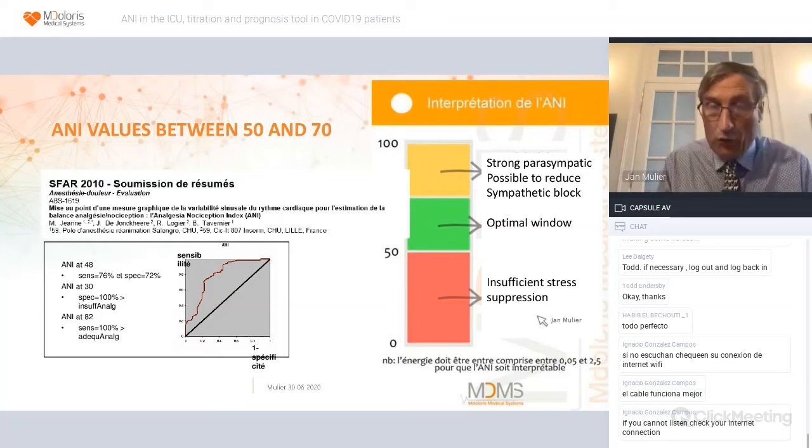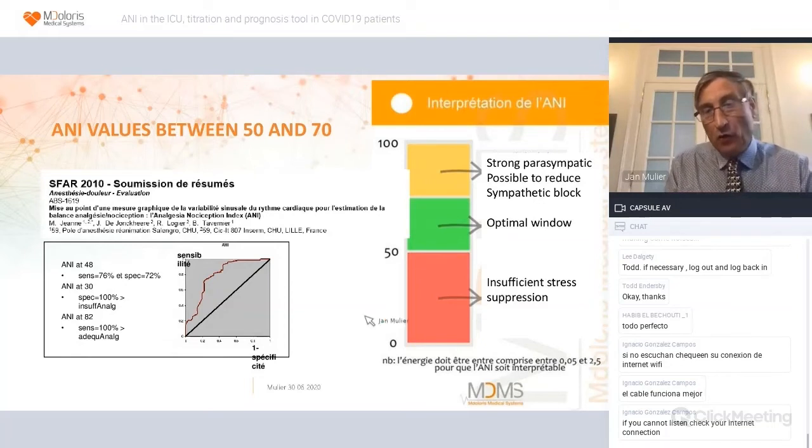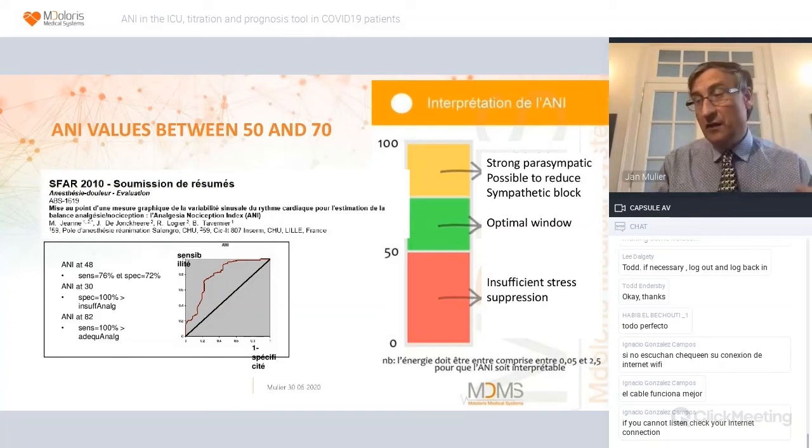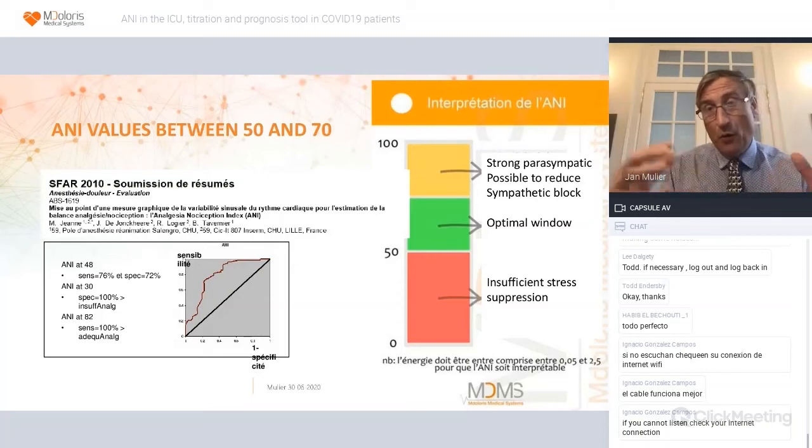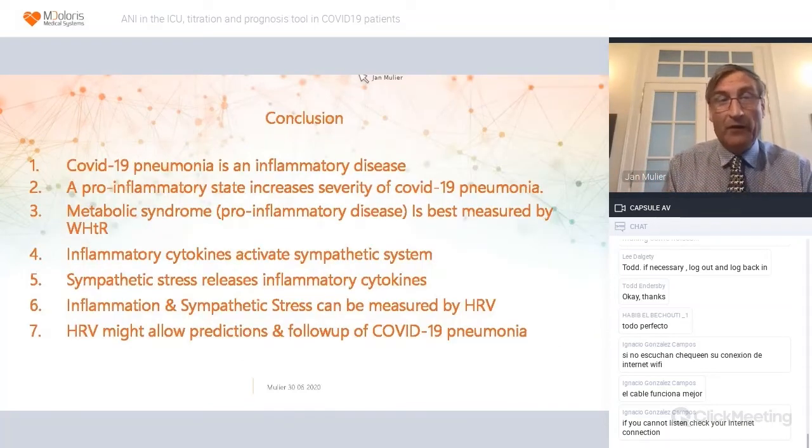You can look at both signals independently, but for simplicity, we just look at the balance only. If you have a strong sympathetic system or weak parasympathetic system, it means that there is too much sympathetic stress or too much inflammation, as both are very closely linked on that system.